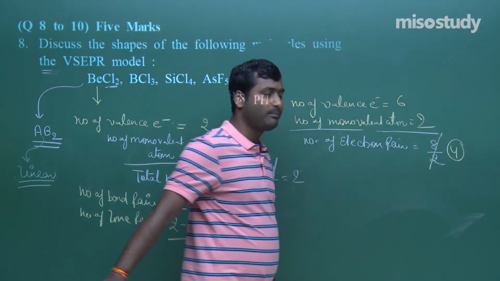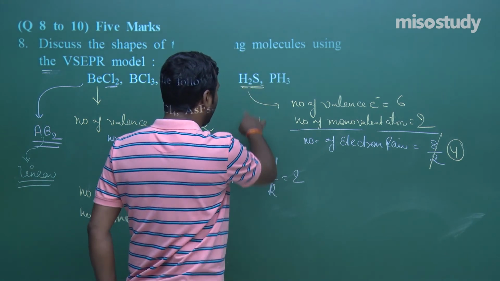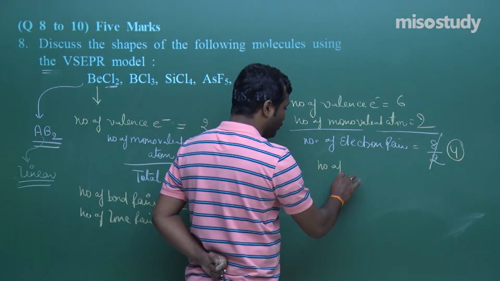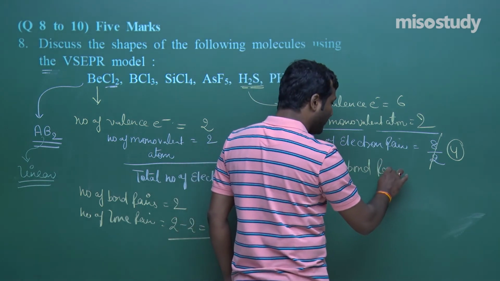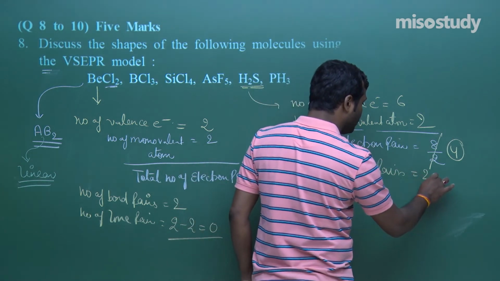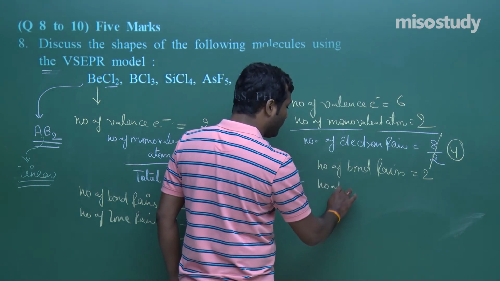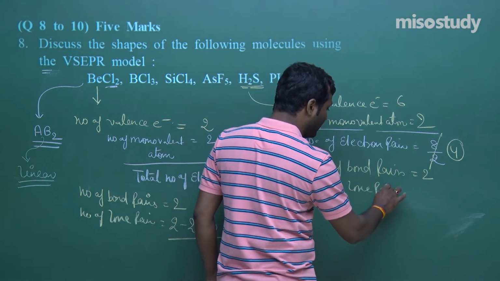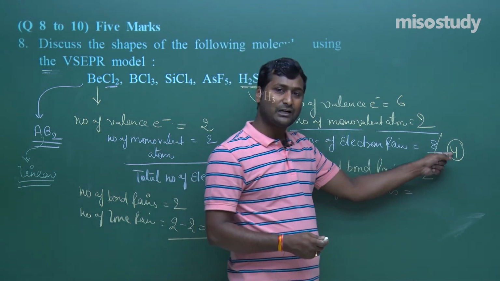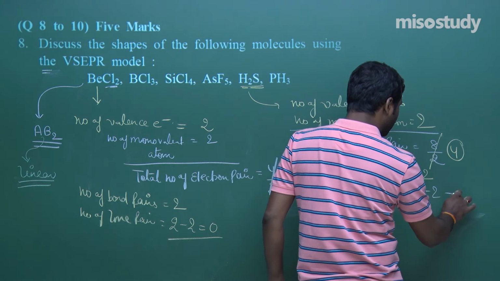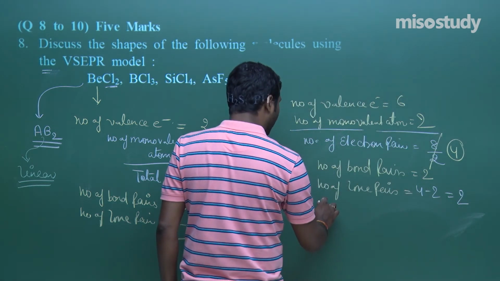Number of electron pairs is 4. So how many bonds are there? 2 bonds. So we will say, my friend, number of bond pairs will be equal to 2. So number of lone pairs, tell me, will be number of electron pairs 4 minus 2, that is 2. So what is the formula?